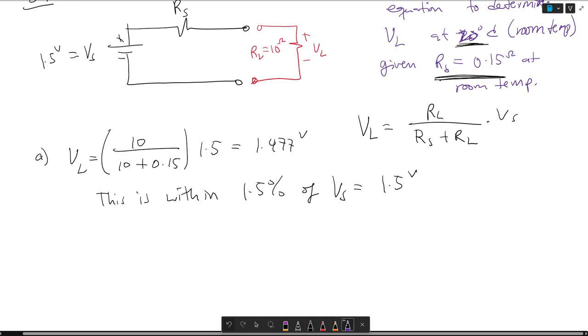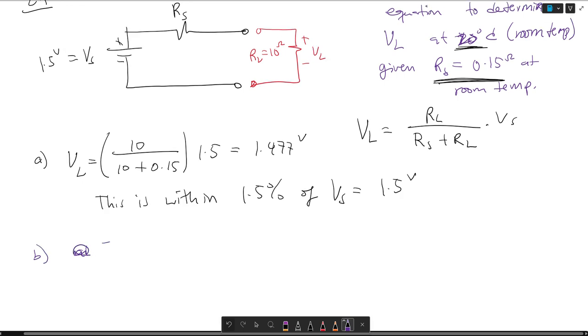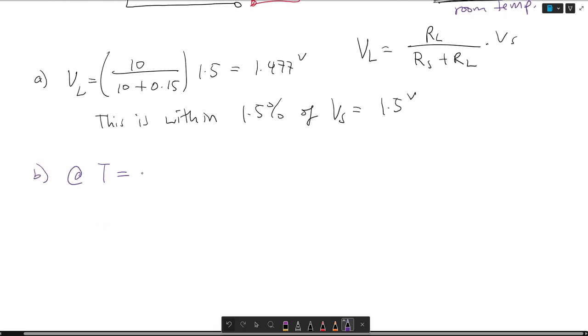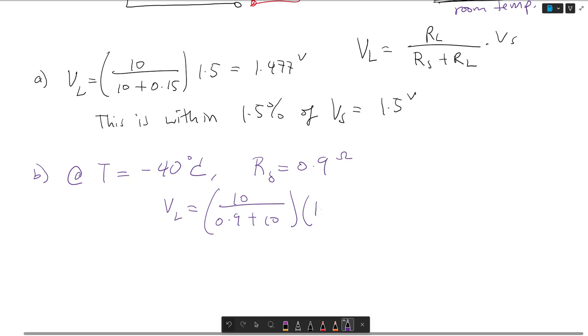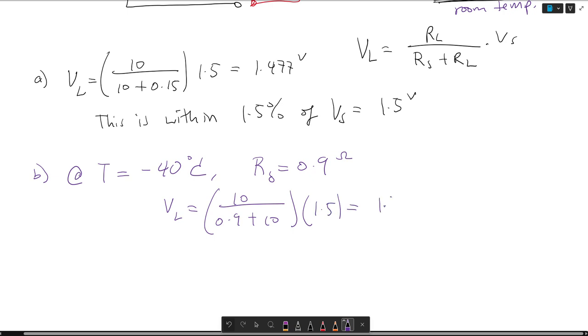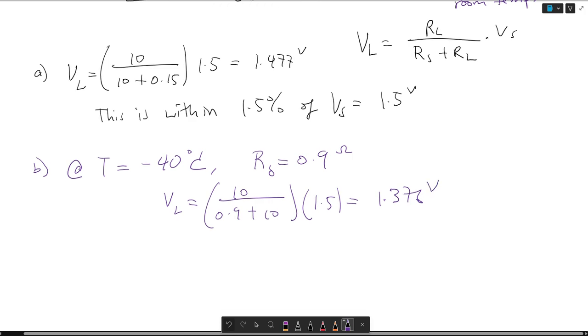But if we take B at T equal to negative 40 degrees Celsius, so it's really, really cold outside, and RS is equal to 0.9 ohms, then VL in this case will be 10 over 0.9 plus 10 times 1.5, which is equal to 1.376 volts.